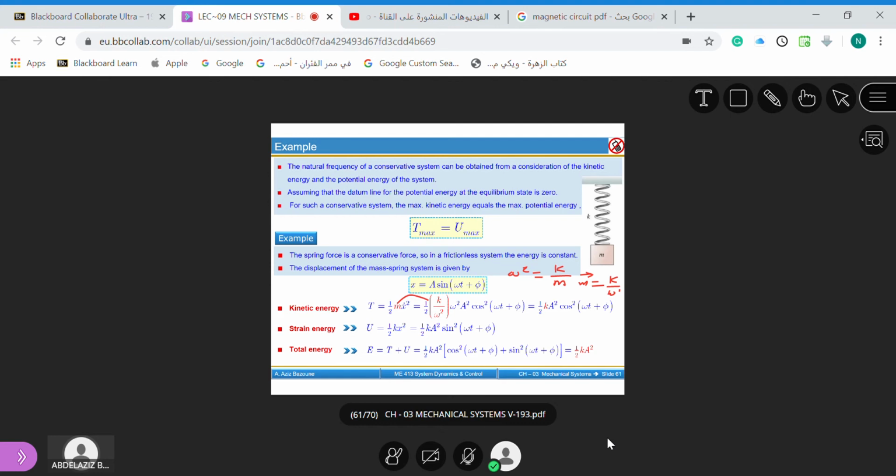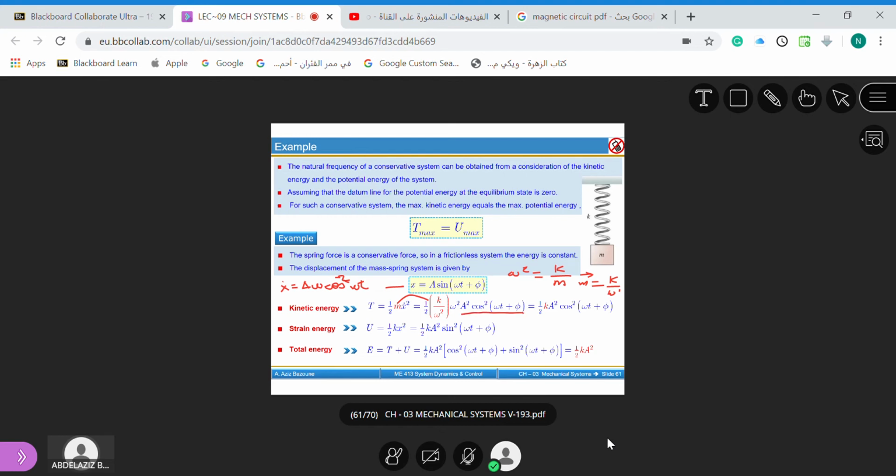When you differentiate this one, you will have x dot is equal to A omega cosine(omega t) when you differentiate it. So this is x dot, and we square it here.